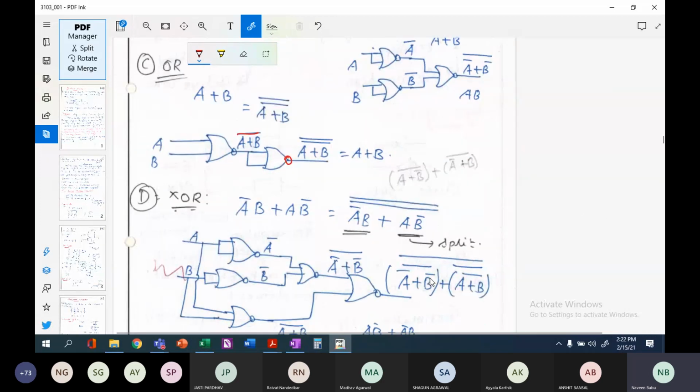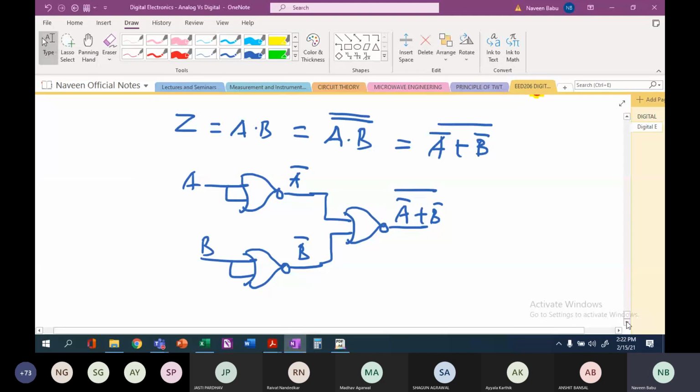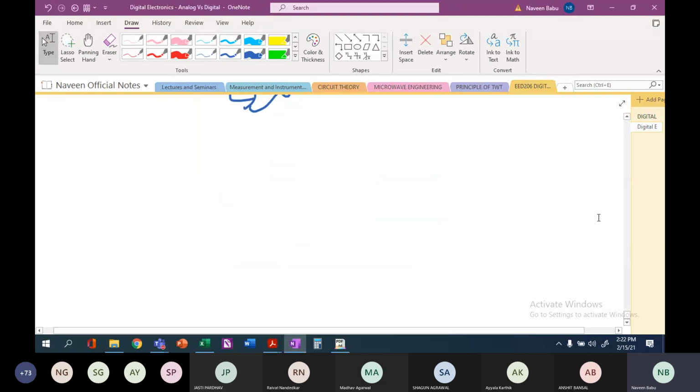Now let's implement using the XOR gate. So what is the XOR expression? XOR expression will be A bar B plus A B bar. Now I have already said, when you try to implement using NAND gate, you wanted to remove this plus sign, right? Here you must remove the dot sign that is present here and here.